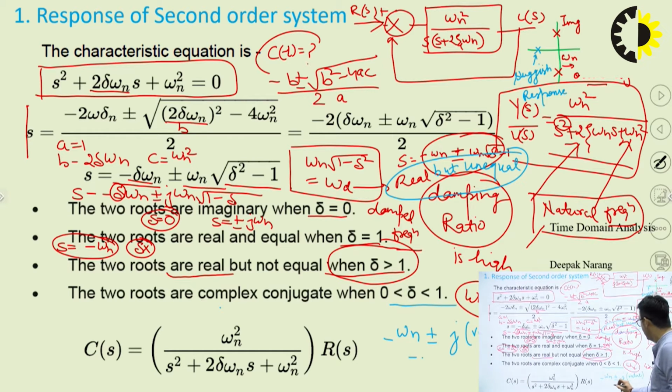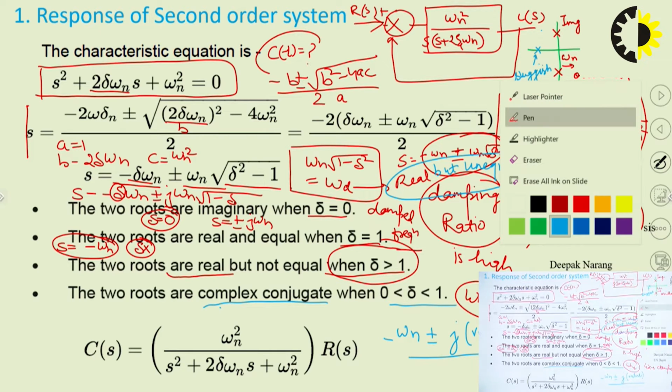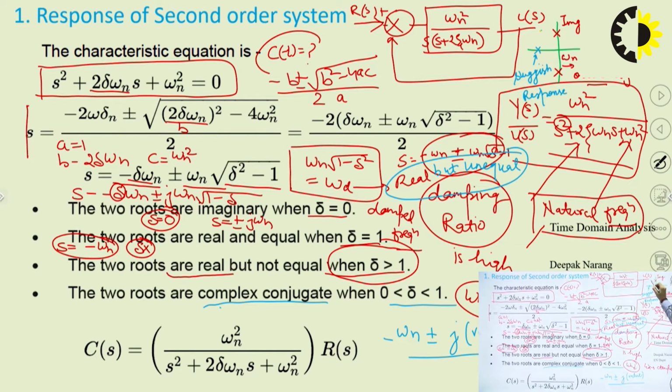So we get complex conjugate roots, and the roots lie somewhere in this plane here, and when roots lie in this area, the system response is oscillatory, but these oscillations decay with time. So we can divide our transient response into two parts.